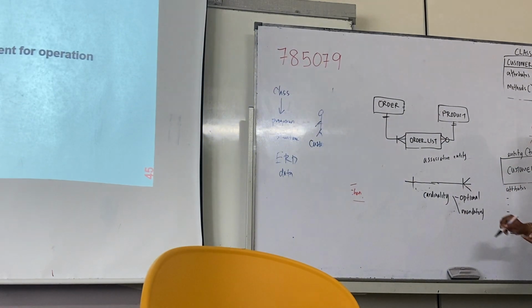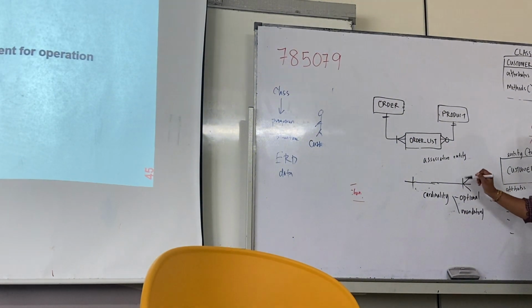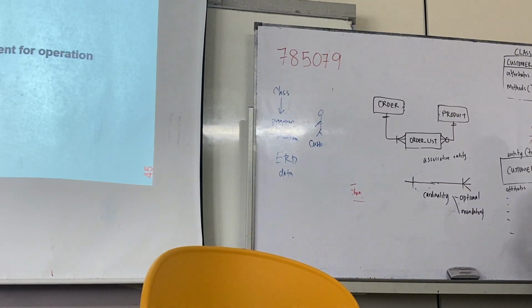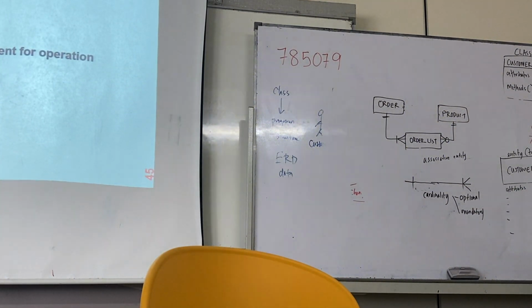If mandatory, put 1. If this is optional, put 0 in front. Same thing goes to the other side. Then only it will become complete. Fine? See, quite easy to understand.